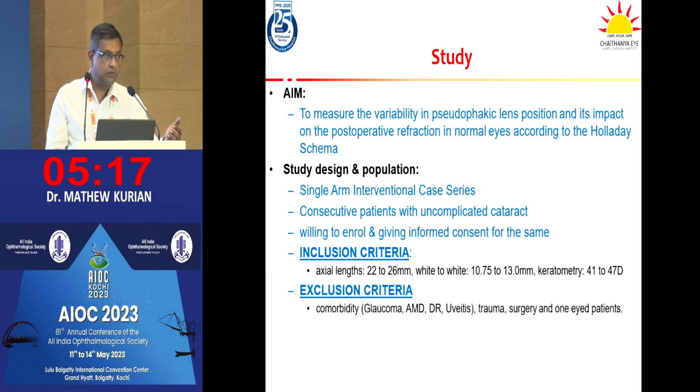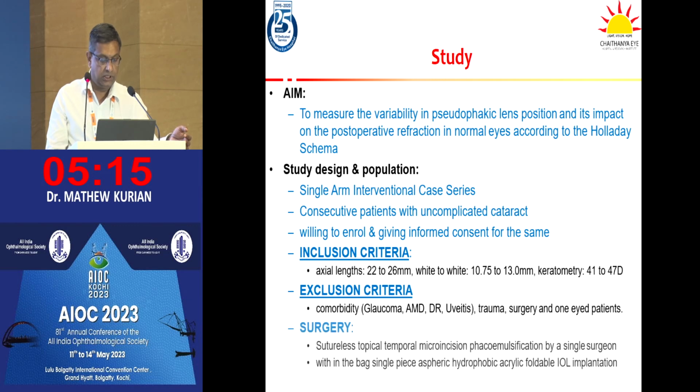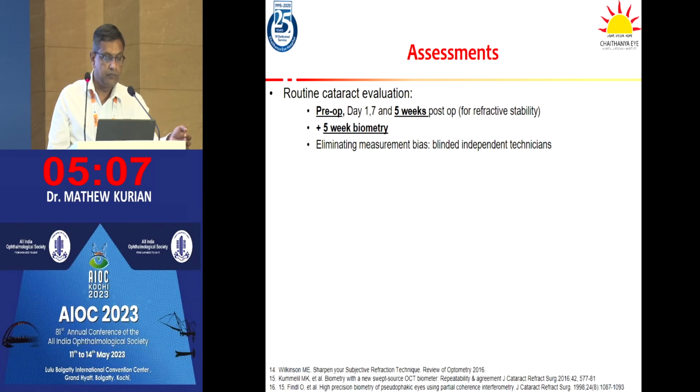Exclusion criteria was all the comorbid conditions and one-eyed patients. Technically perfect surgeries were included with inner bag single piece aspheric foldable lens implantation. Routine post-operative examination was done. What was extra was that at the 5th week biometry, an OCT was done to measure the effective lens position.